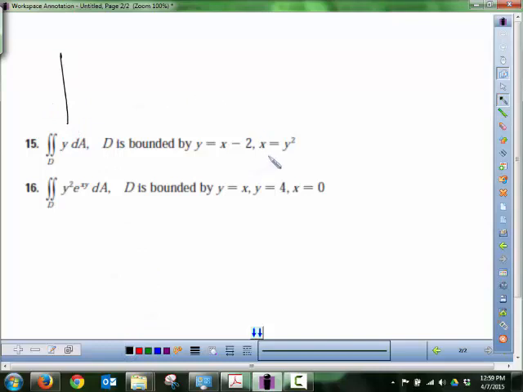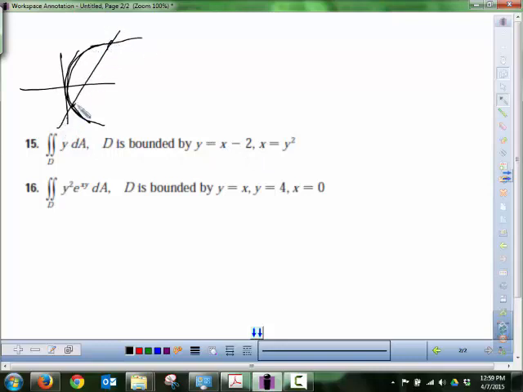So the region looks like x is equal to y squared, so that's a sideways parabola. Remember our conic sections? Yeah, it's all going to come back. Then x minus 2, so this has a positive slope starting at -2, so it'll go like this.